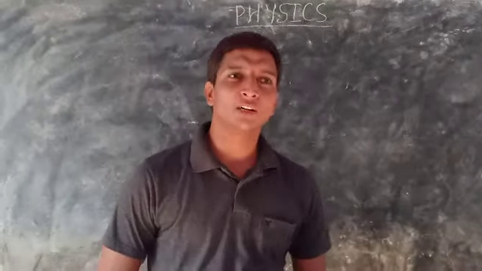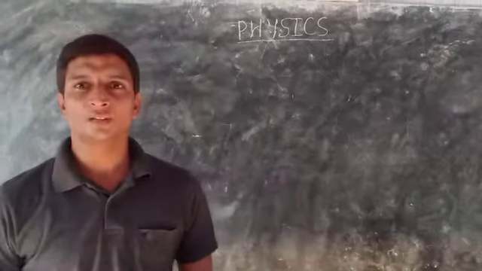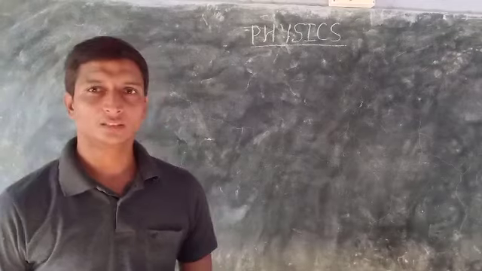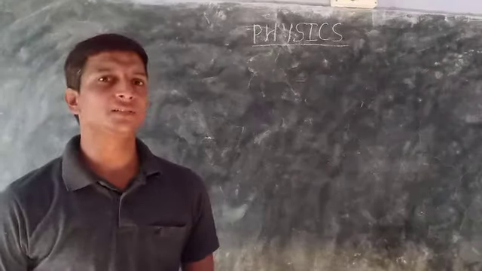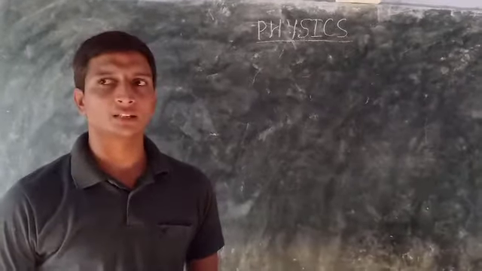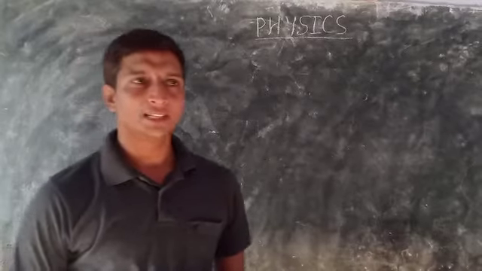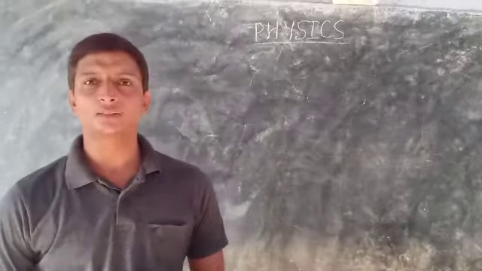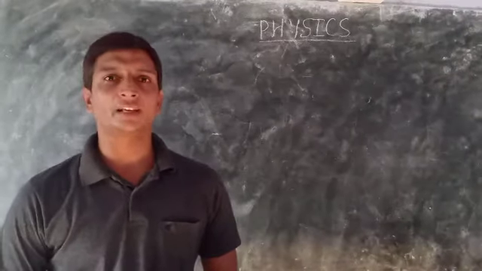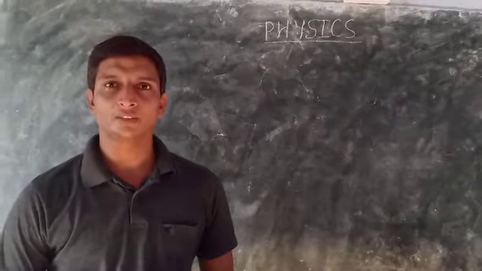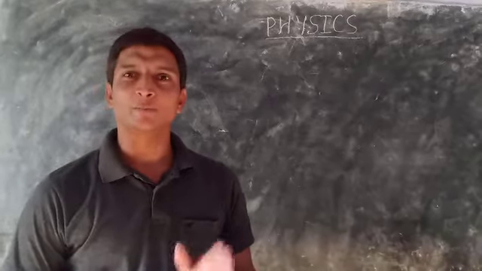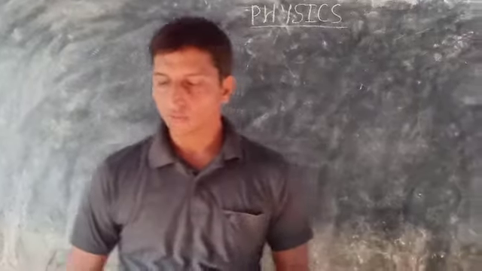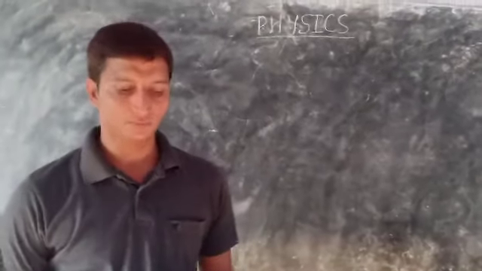Resistance is a property of matter which opposes the flow of current, and it depends upon certain factors: nature of material, length and cross sectional area of material, and temperature. So now some problems.